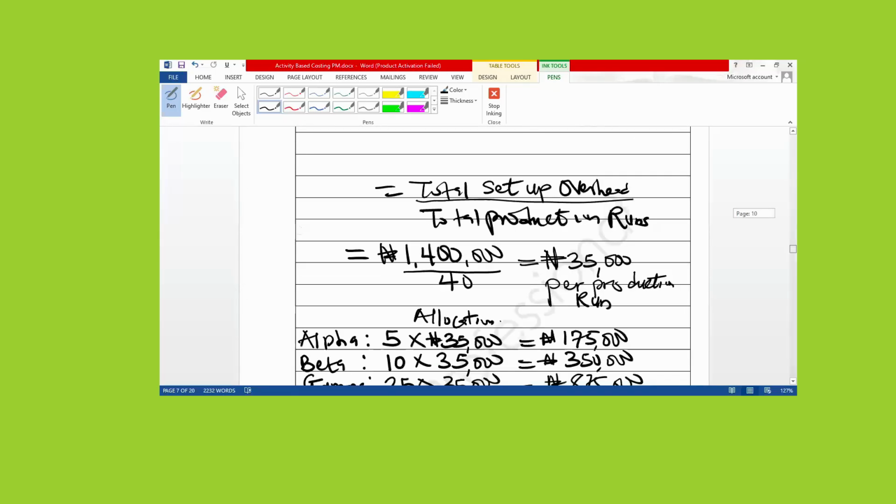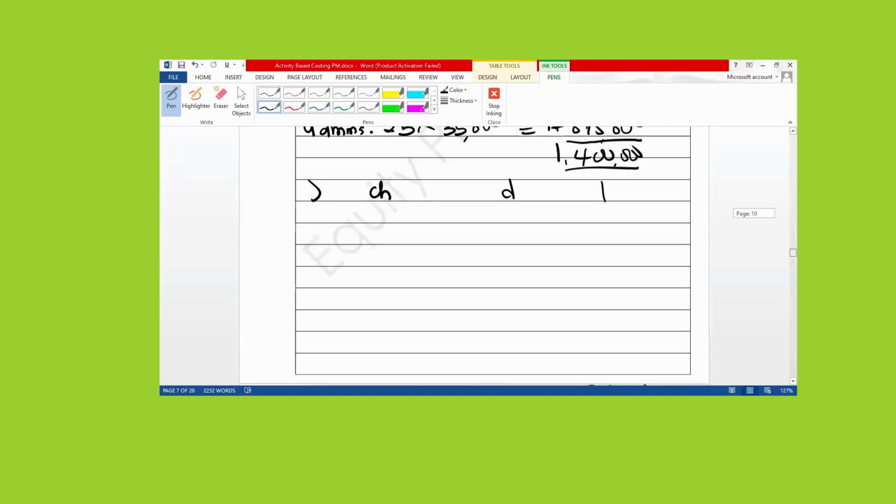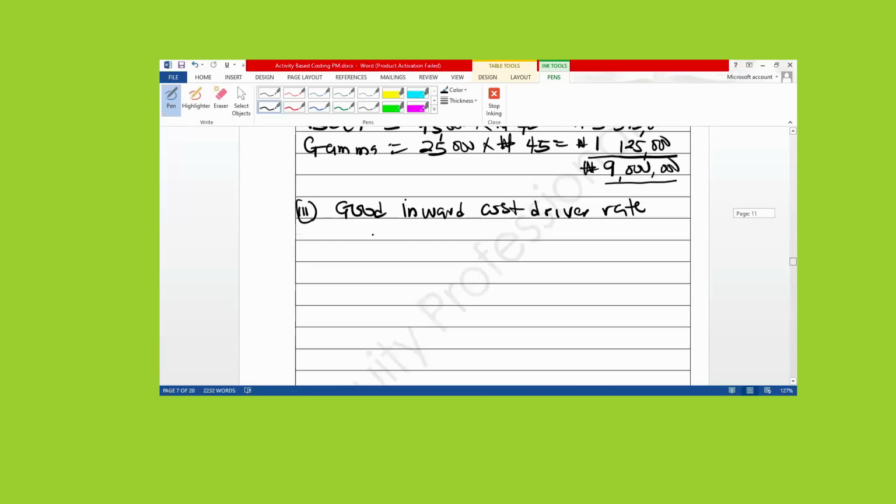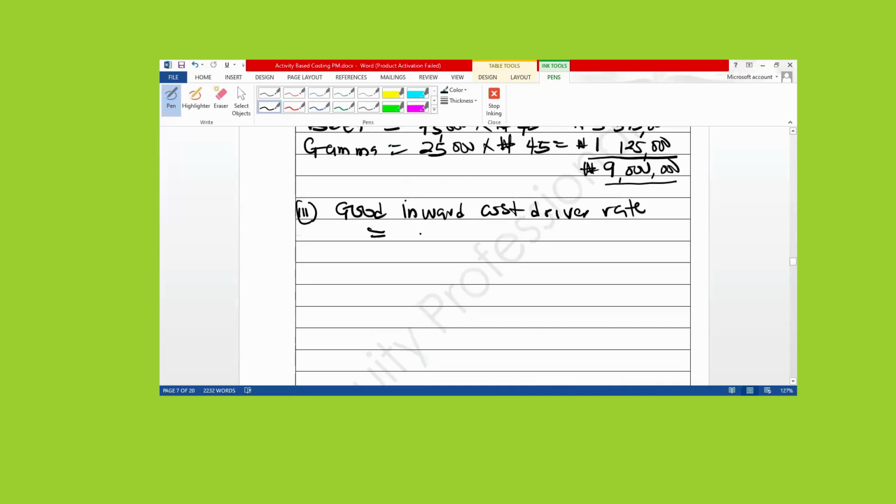We return here. This becomes total goods inward overhead divided by total number of components received.